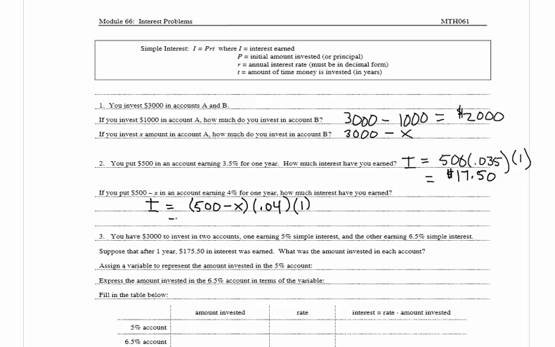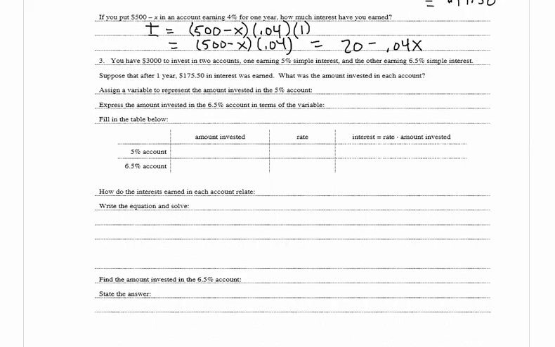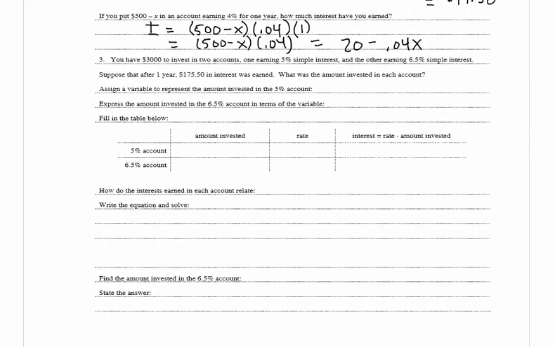And this is equal to (500 minus X) times 0.04. Or we could also distribute the 0.04 through the binomial, and we would have 20 minus 0.04x.